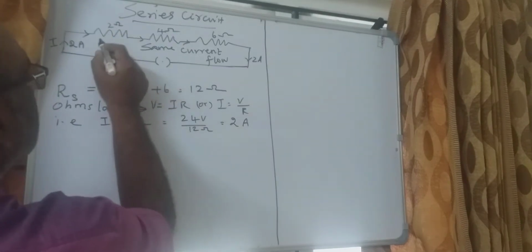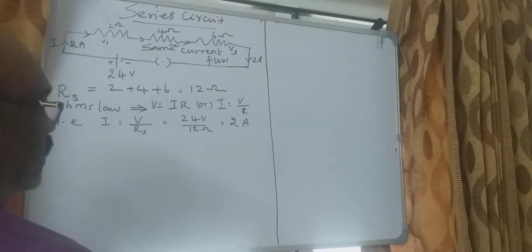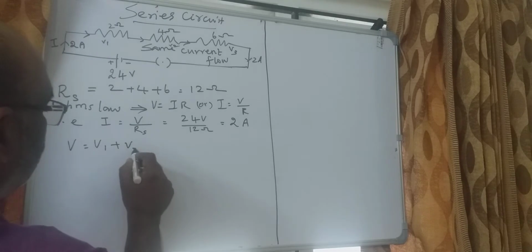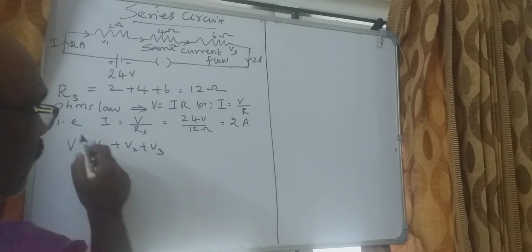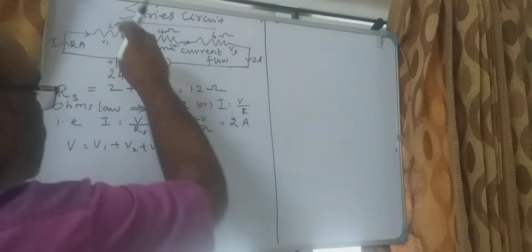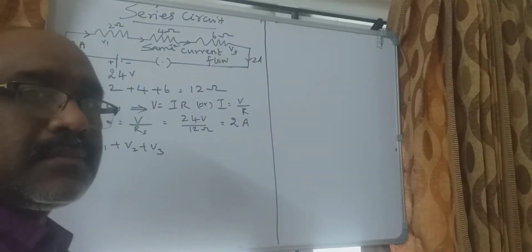Let us consider the voltage here as V1, the voltage here as V2 and the voltage here as V3. And to find the individual voltages, we can write the formula like this: V is equal to V1 plus V2 plus V3. So, this 24 volt we are giving is splitting into 3 parts across these resistances.